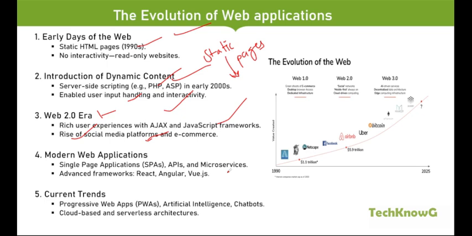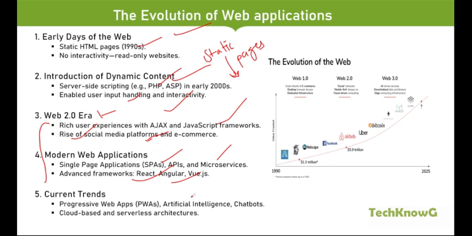For that they need to maintain proper trust with the customer, which means maintaining their data properly and securely. Then modern web applications like APIs, with more advanced Web 2.0 frameworks like React JS and Angular. This is how the web application era improved.